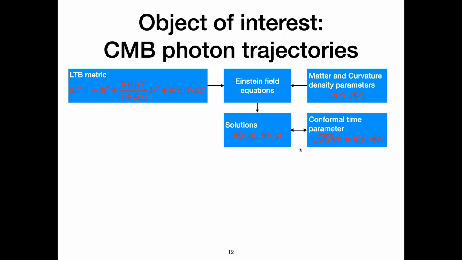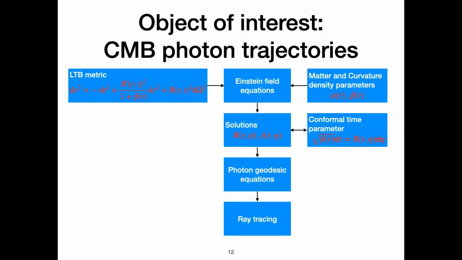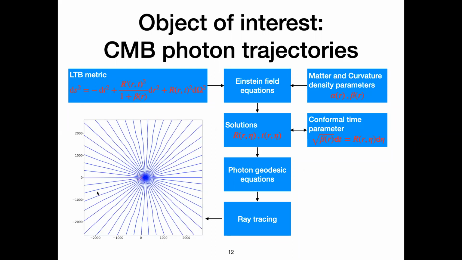We just use some substitutions to make the structure of the solutions easier for further calculations, right? Moving on, we input the solutions into the photon geodesic equations, which also come from general relativity. And using the ray tracing method, we have such solutions for the CMB photon trajectories.